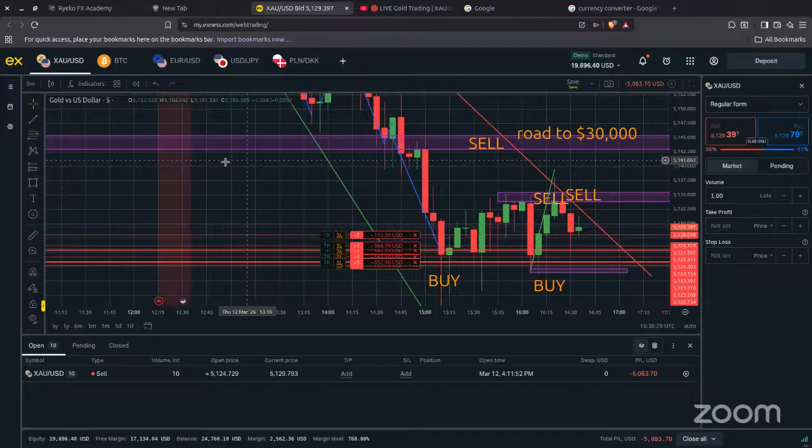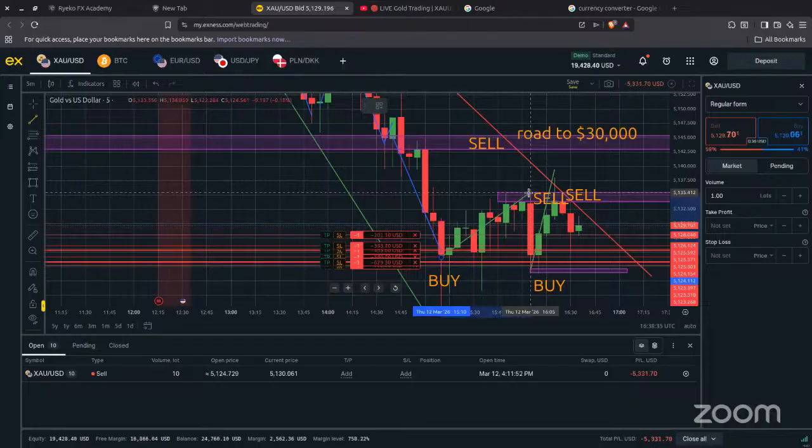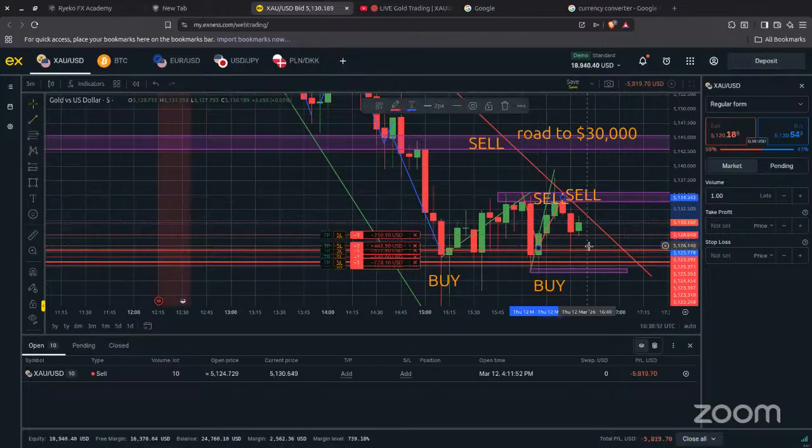Let me just draw it like this. Then like this. It's red. Then like this. Oh, that's green. Then like this.